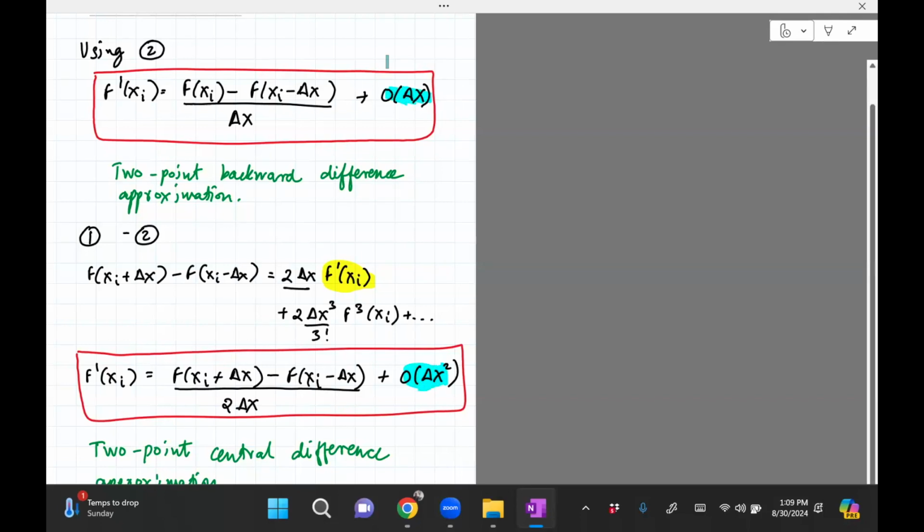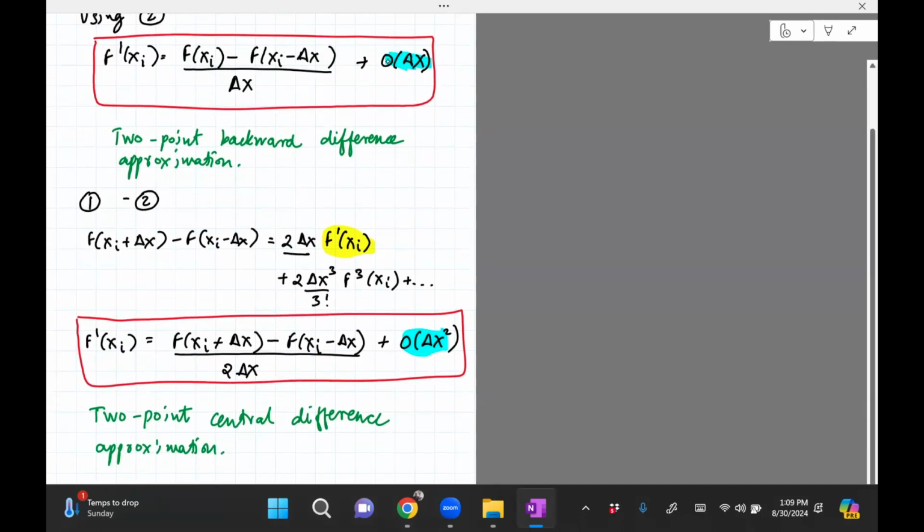But because you use this better formula, it's now going to be 0.1 squared, or 0.01. So errors are going to be reduced for the same amount of work. The work involved in the first calculation is computing the values of f at 2 points, x and x plus delta x. Here you also need to do it at 2 points, x plus delta x and x minus delta x, but the errors have reduced by an order of magnitude. Okay, which just means that it's a better formula.